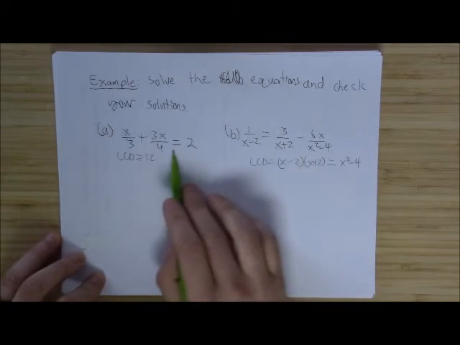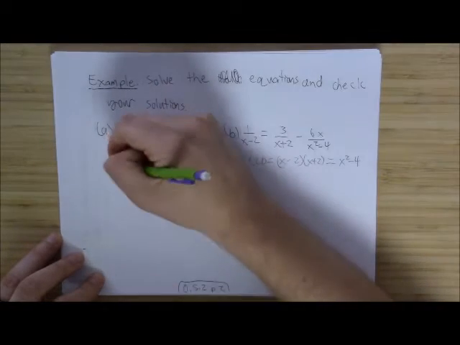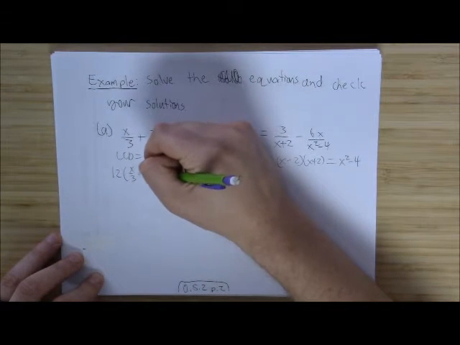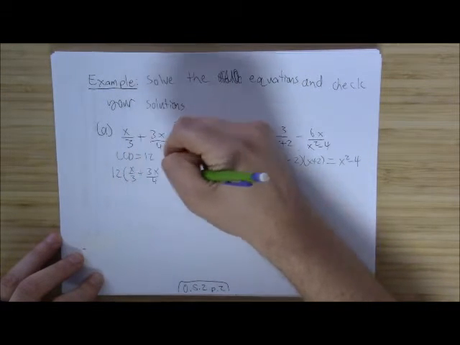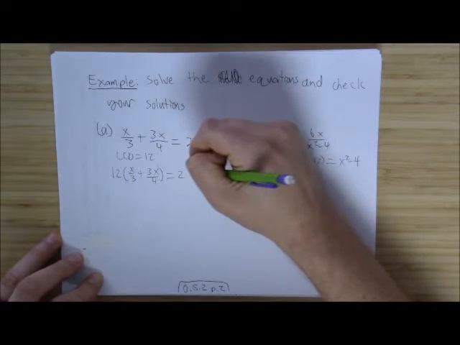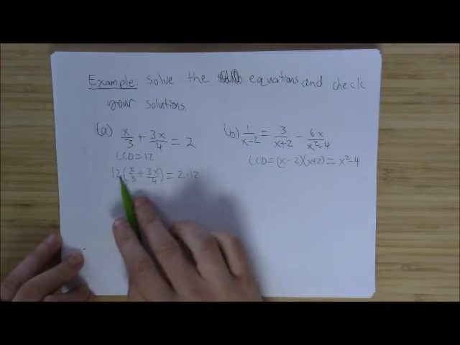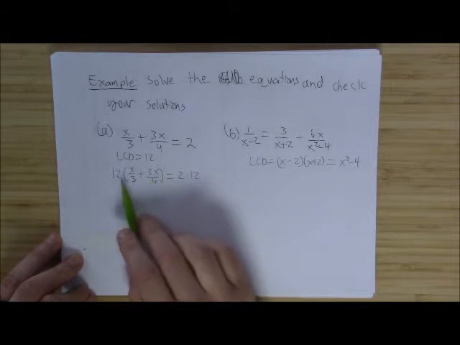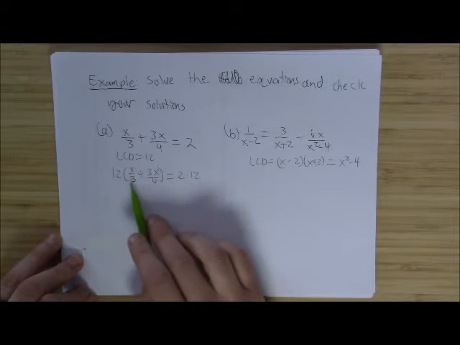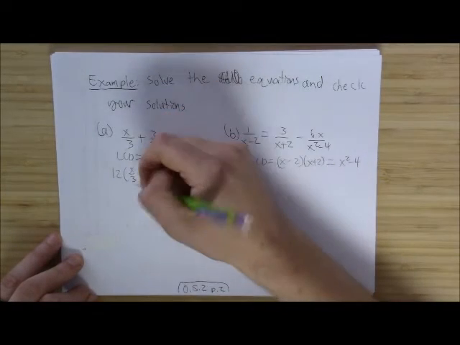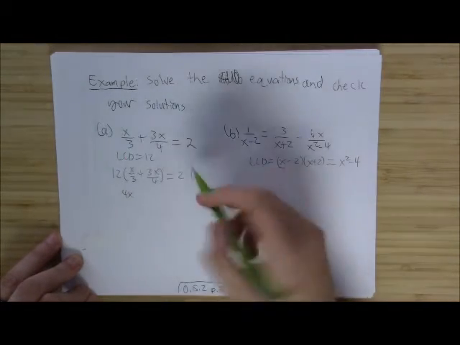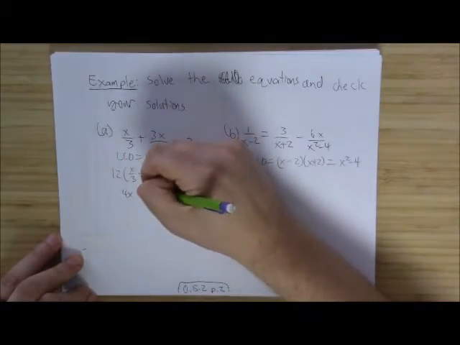Here, if we multiply both sides by 12, we get 12 times x over 3 plus 3x over 4 equals 2 times 12. The 12 will distribute. 12 divided by 3 is 4, so we end up with 4x here. 12 divided by 4 is 3, and 3 times 3 is 9.